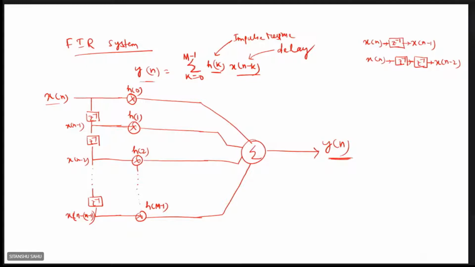Then we start a for loop for k, and inside the for loop we multiply x of n minus k and h of k, and then we end. Then temp is equal to temp plus our multiplied output, and after the process we get the output.